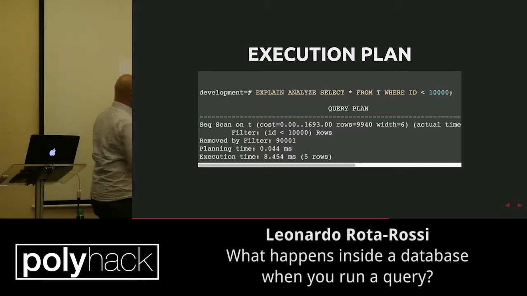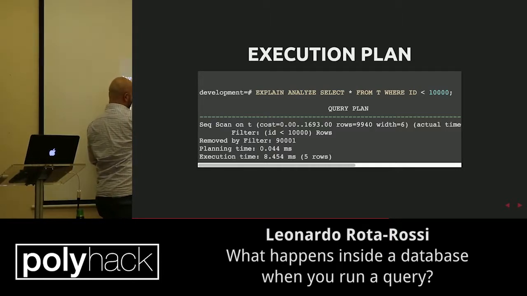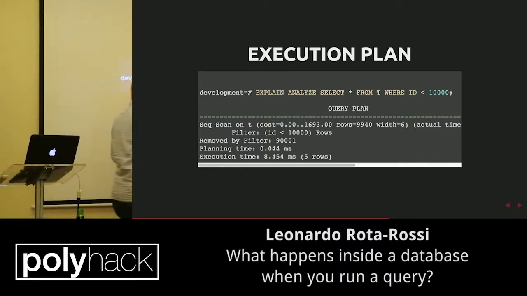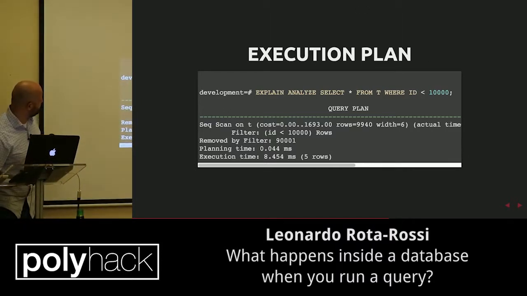Here, two pieces of information are interesting. The cost is the starting cost of this step and the end cost of this step. This number doesn't say anything by itself. Then there's how many rows it's estimated to read, and the mean width of the data. And where's my mouse? Here it is.